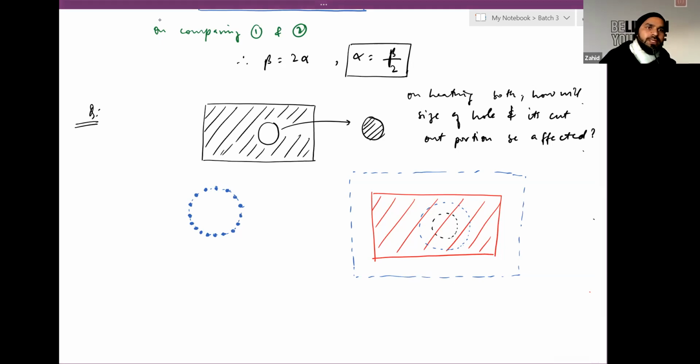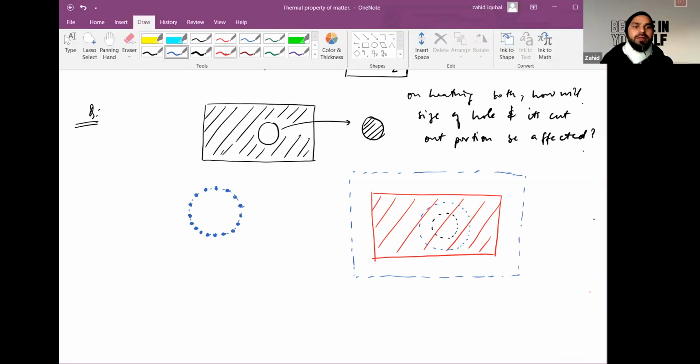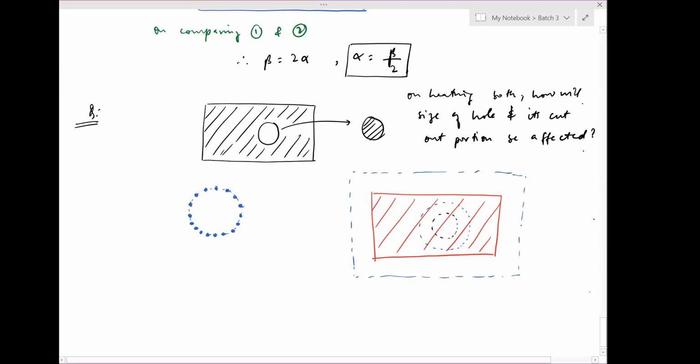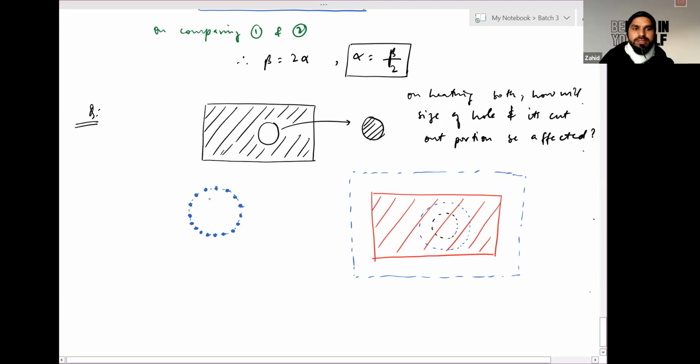So if you start increasing temperature, what will happen? The separation between particles increases or decreases? It will increase. And at this condition, there is not enough space between these two particles to go towards one another. So separation between them must increase. So on increasing their separation, this particular geometry may acquire this particular shape. Okay, so you say both its cutout portion and its hole portion on heating will expand at same rate.